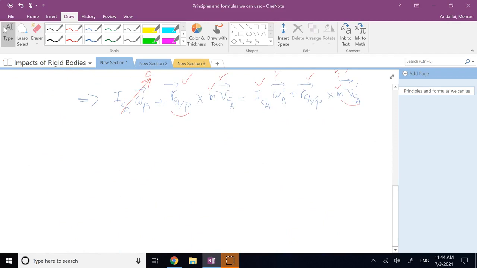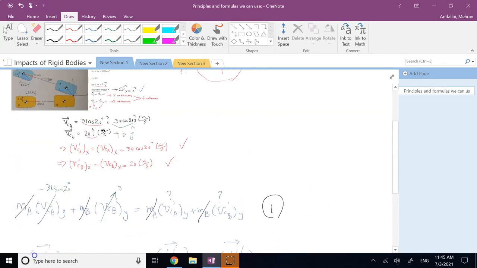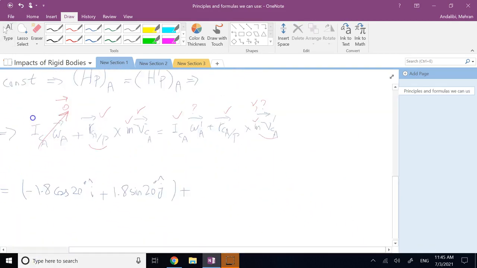So let me write it. R of CA with respect to P is equal to negative 1.8 cosine of 20 degrees I plus 1.8 sine of 20 degrees J. This is for that 1.8, and then plus we have this vector of 1 meter at angle positive 70, both positive x and positive y.